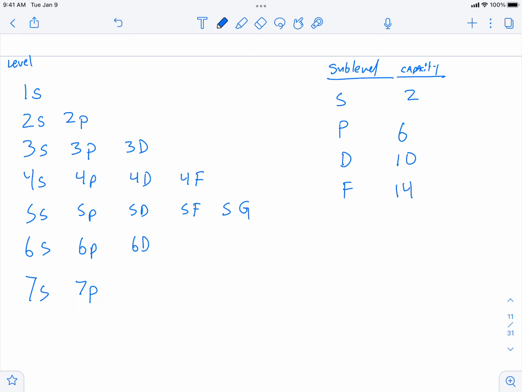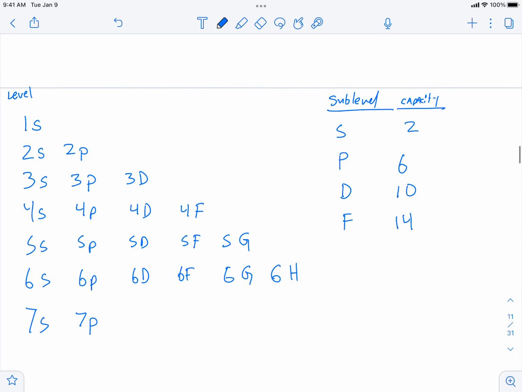Technically, if we could keep writing, so 6F, 6G, 6H, and so on. But as you'll see, we don't actually need all of those. The higher the energy level, we don't actually need all of those extra subshells, and you'll see why in just a moment.